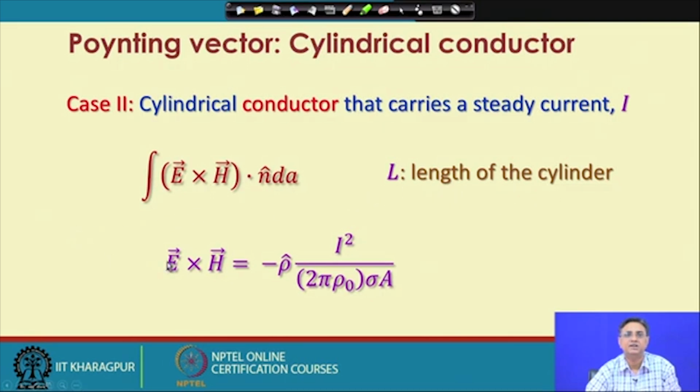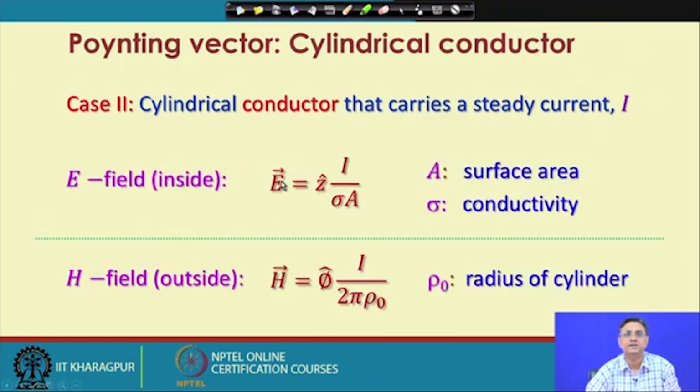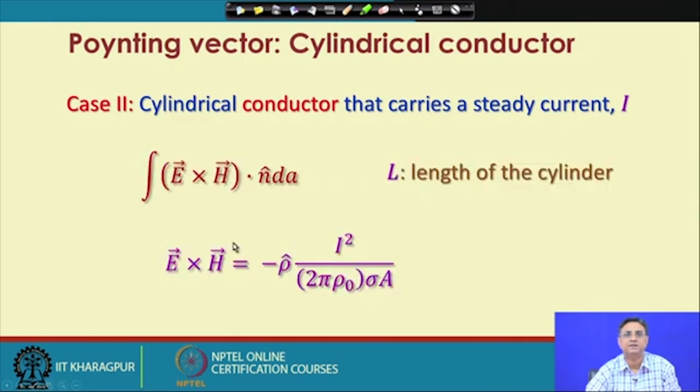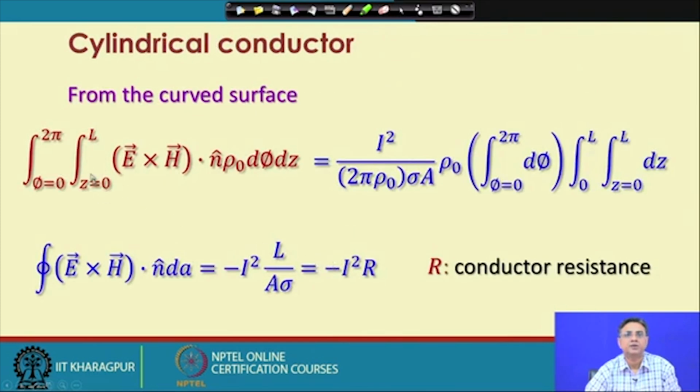If we put together E cross H and take the cross product of these two quantities, then E cross H is equal to minus rho cap, the unit vector in the radius direction, into I square by twice pi rho sigma into A.